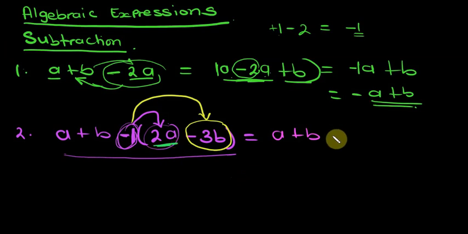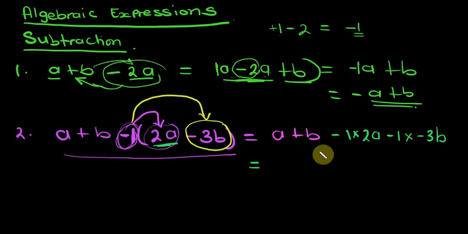So we'll have minus 1 multiplied by 2a. 2a is the first term. And then what else? Again, minus 1 multiplied by the one in yellow, multiplied by minus 3b. Okay, cool.